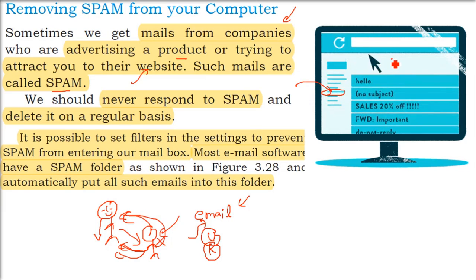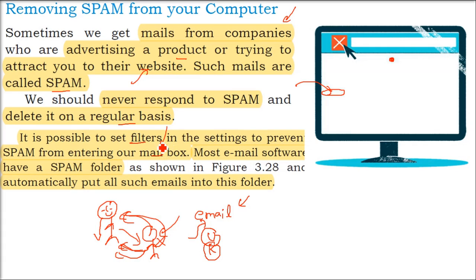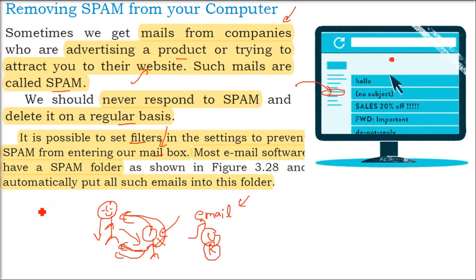So all the emails can be marked as spam. You will not be dealing with that email again, because it will always go into spam. It is always possible to set filters in the settings in order to stop these mailbox-filling emails, so they will directly go to spam.